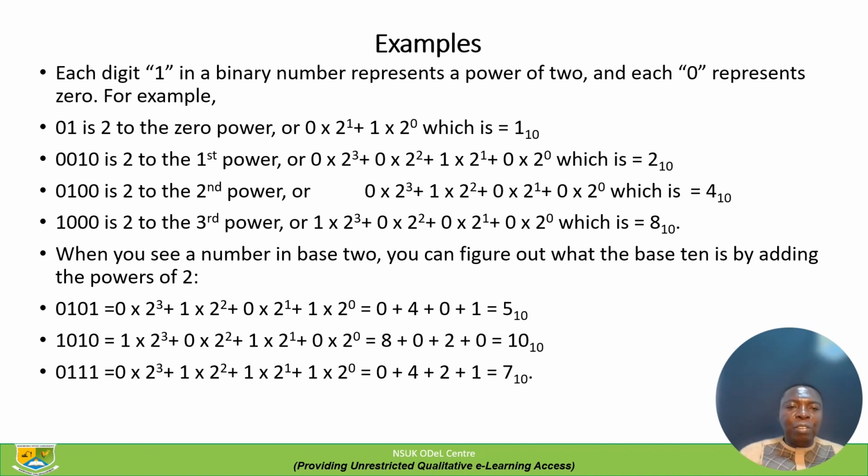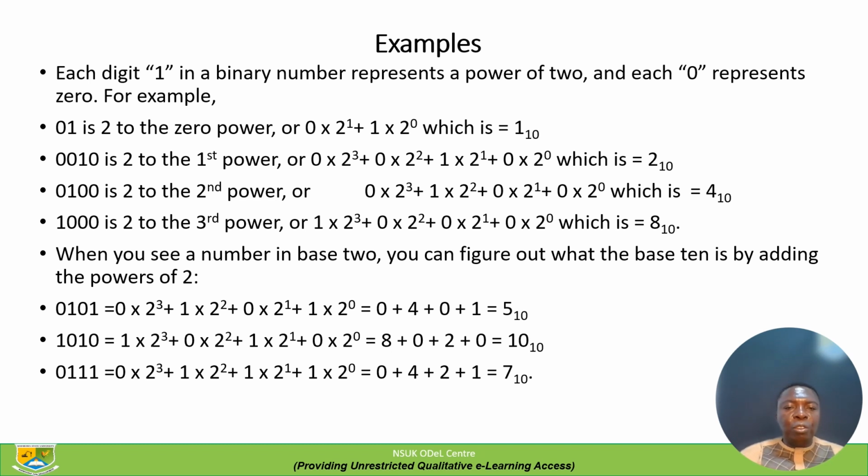The same thing, 0010 is 0 times 2 to the power of 3 plus 0 times 2 to the power of 2 plus 1 times 2 to the power of 1 plus 0 times 2 to the power of 0, which is equal to 2 in base 10. And those examples continue like that.